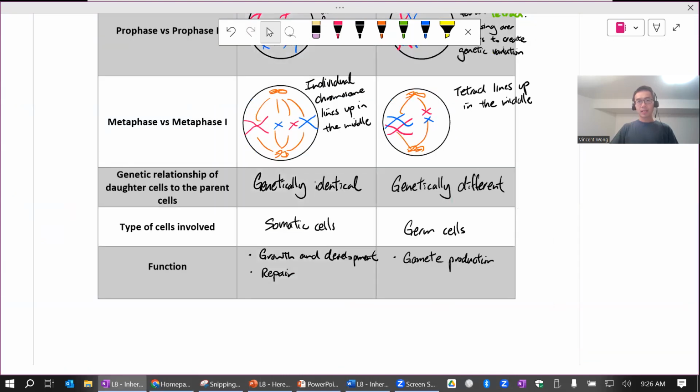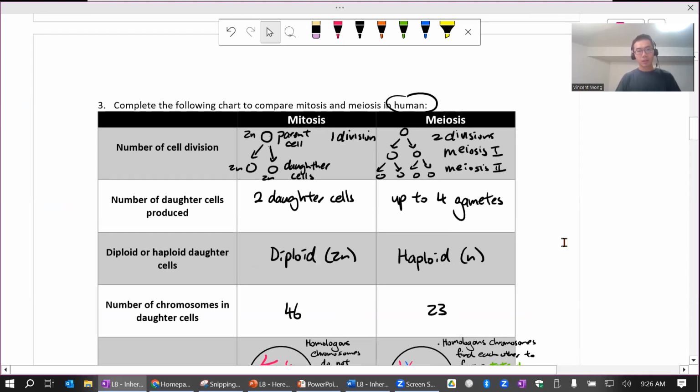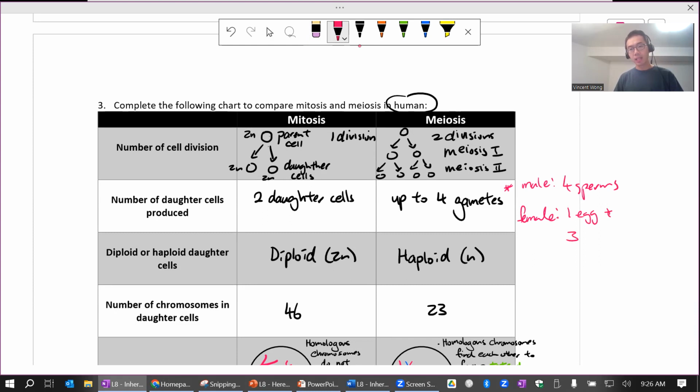If we go back to this, we can make a note here. Say, male, it is 4 sperms, and female, it is 1 egg plus 3 polar bodies.